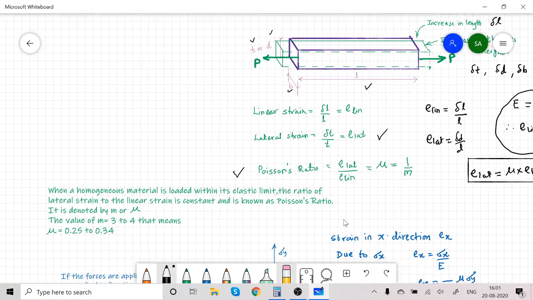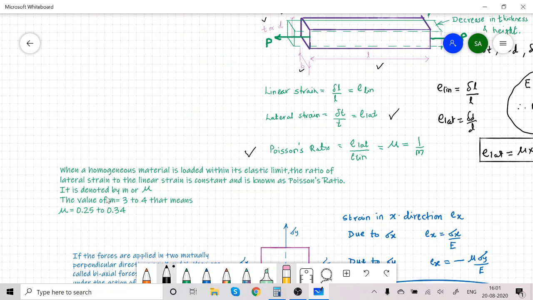Now according to the definition of Poisson's ratio, when a homogeneous material is loaded within its elastic limit, the ratio of lateral strain to linear strain is constant and is known as Poisson's ratio.